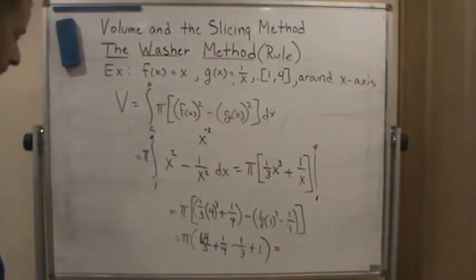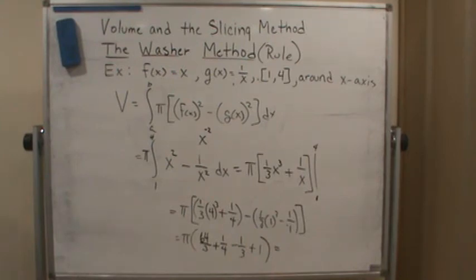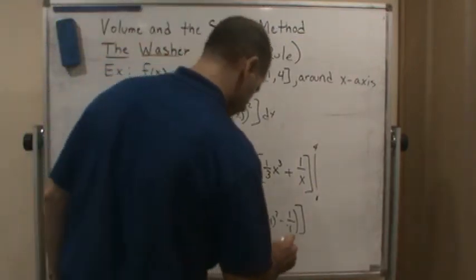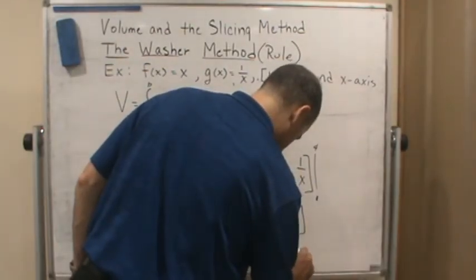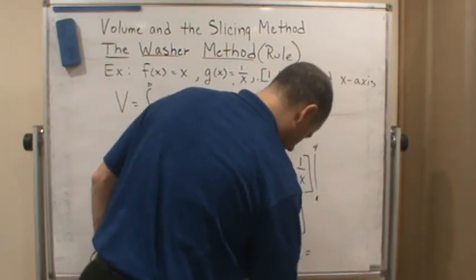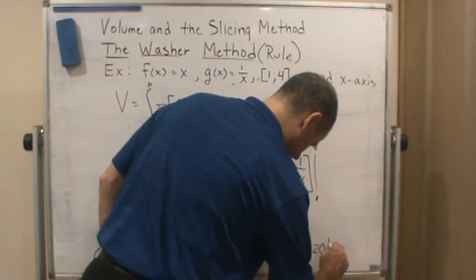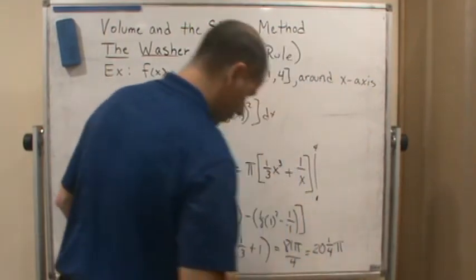And so now if you simplify this, what do you get? 81 pi over 4, or 20 and 1/4 pi.